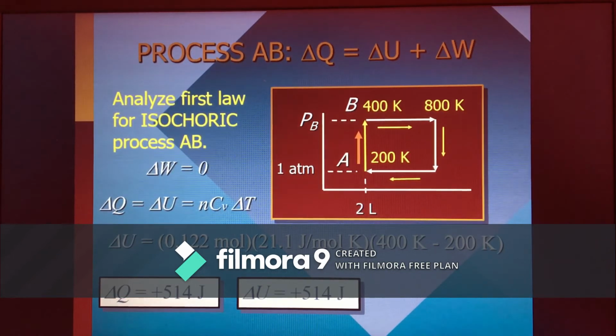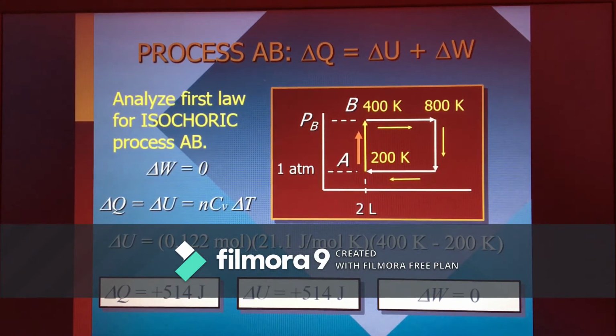So delta U, which is equal to delta Q, is positive 514 joules. For this isochoric process, delta W equals 0. Alright, any questions?